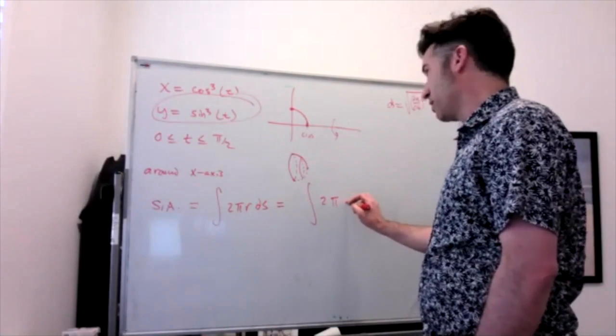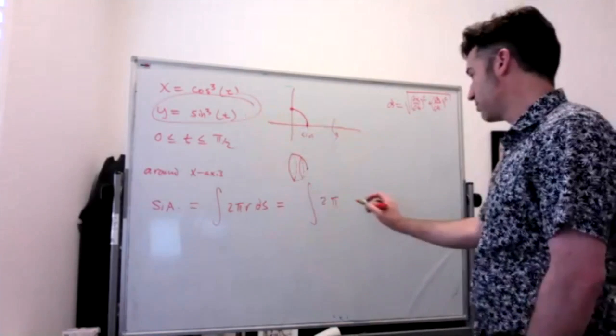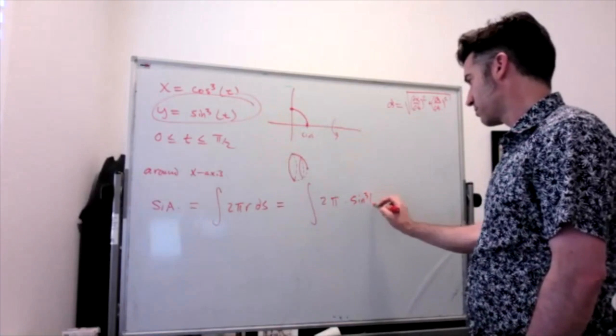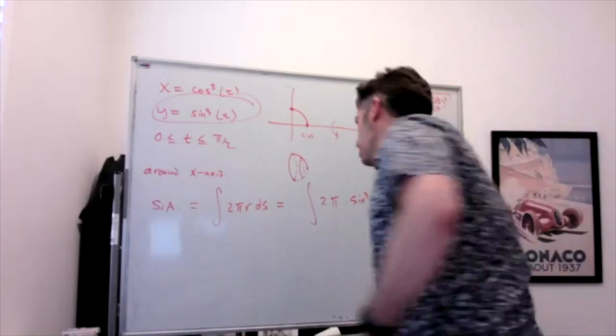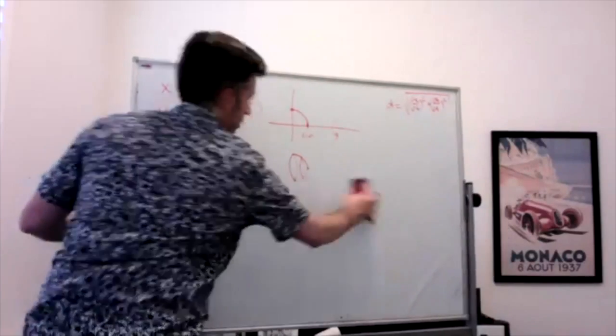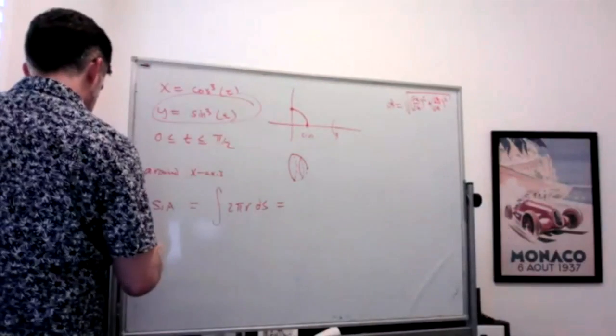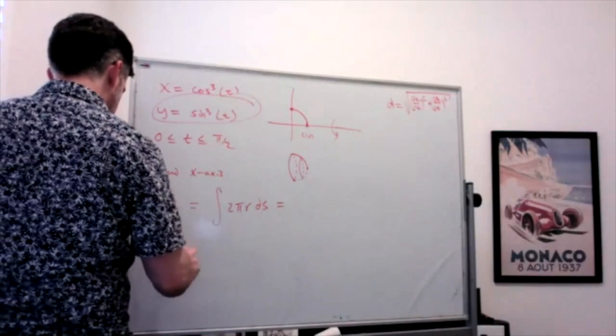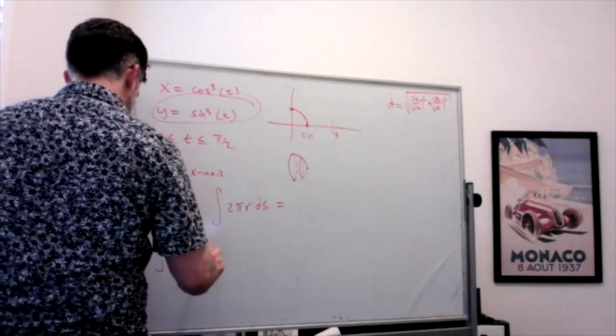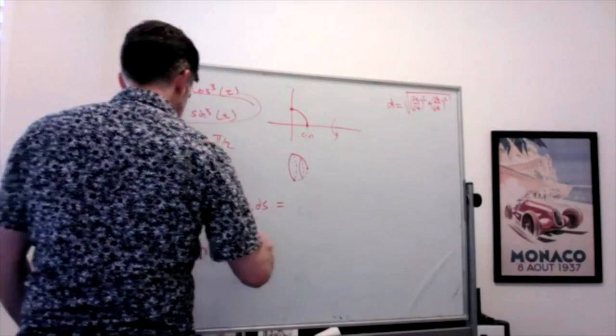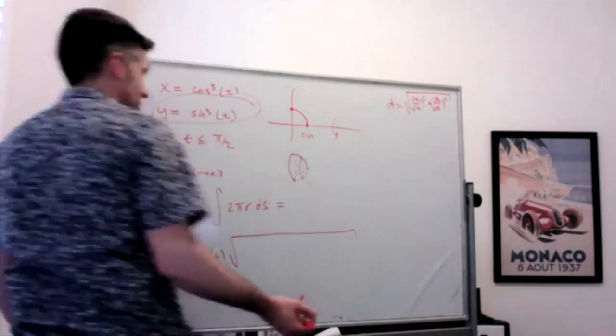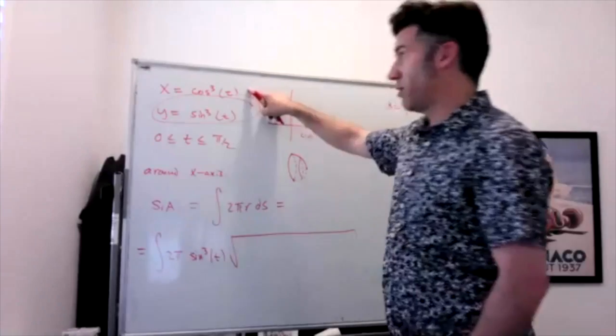So here my surface area, being the integral of 2 pi r ds, is going to be the integral of 2 pi times sine cubed times ds, which is the square root of the derivative of this squared plus the derivative of this squared.